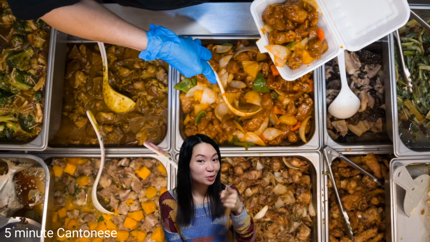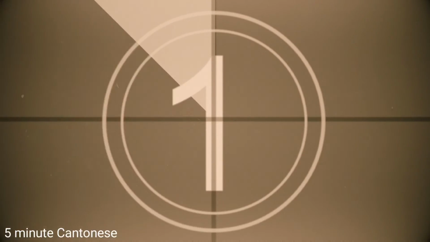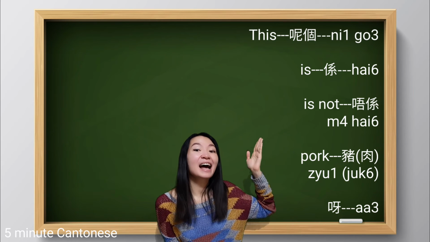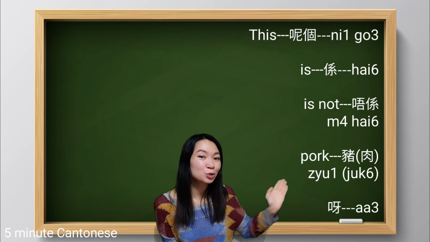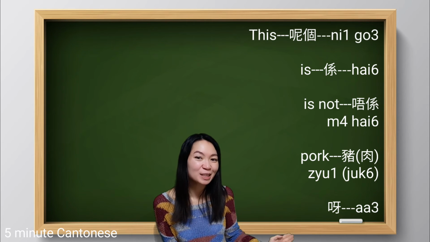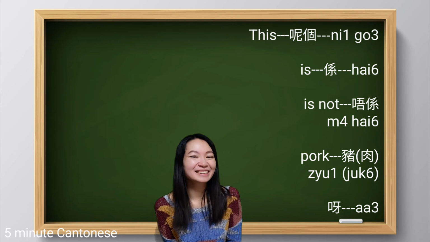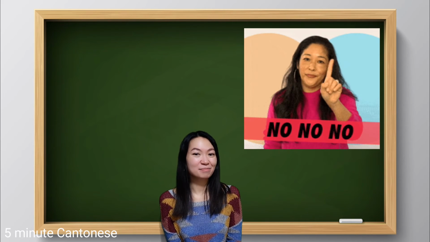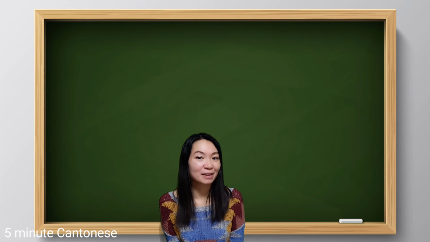So now you ask, is this pork? 呢個係唔係豬 or 豬肉 with the question ending word 啊？呢個係唔係豬肉啊？For example, she says no, 唔係.